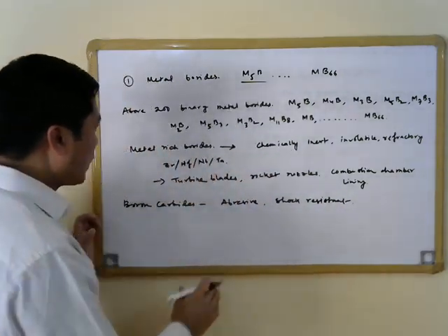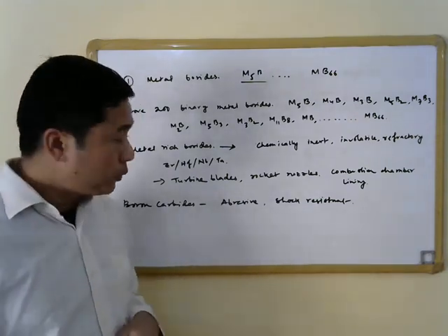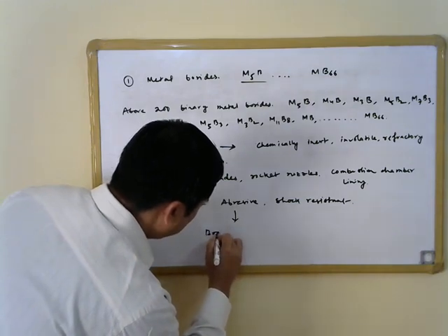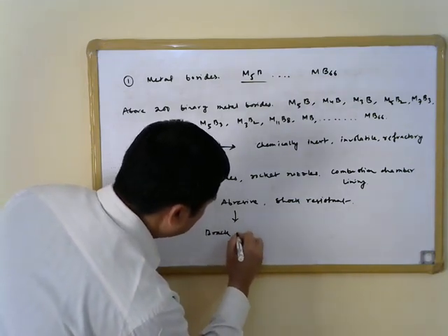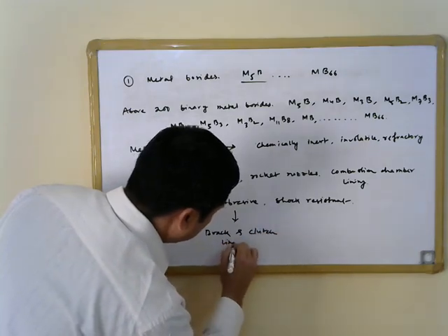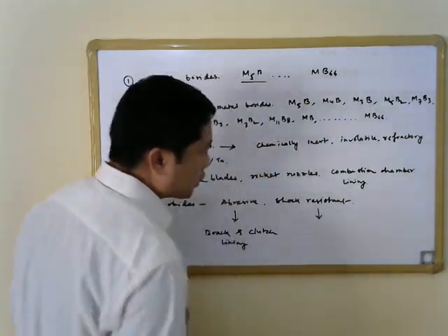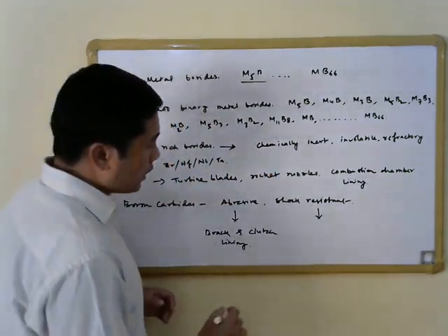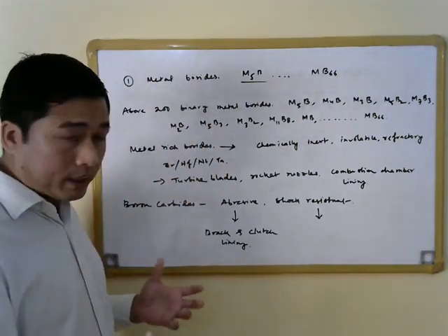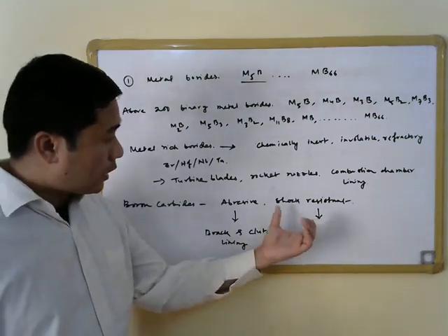Because of these two qualities, because they are abrasive, they are used in brake or clutch linings in vehicles, and because they are shock resistant, they are used to make bulletproof jackets or protective armors in aircraft.